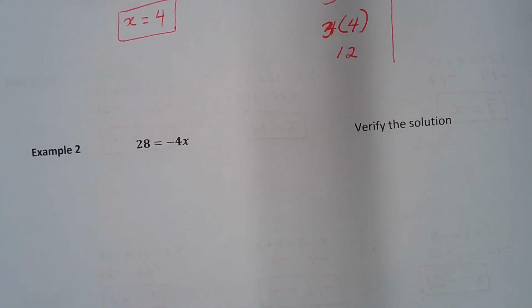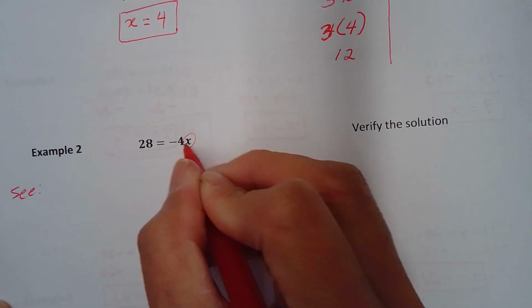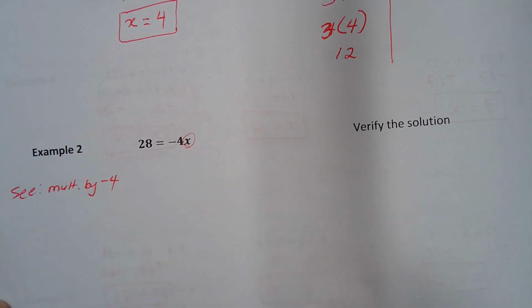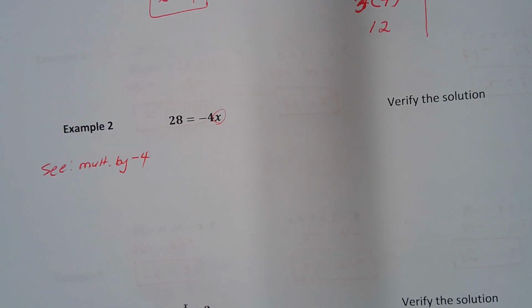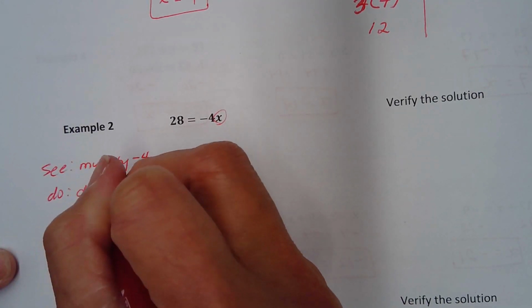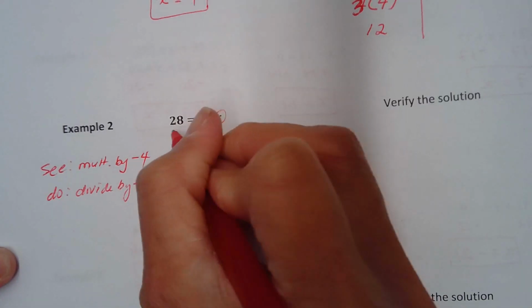What about this one? Example number 2. 28 is equals to negative 4 times x. Negative 4 times x. Okay, what do I see? I see x is multiplied by negative 4. So that means, what are we going to do? Divide by negative 4. Yeah, so we're going to divide by negative 4. So let's do that.